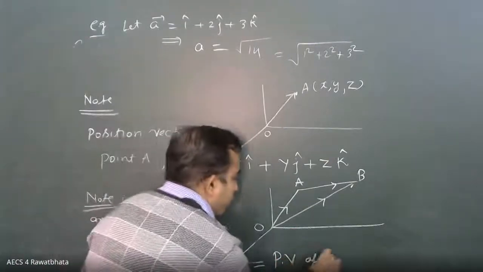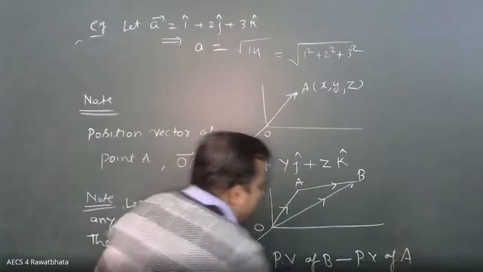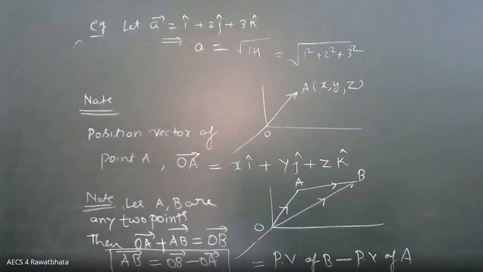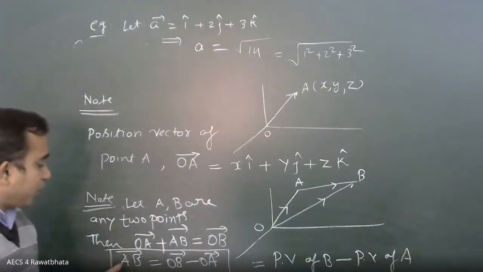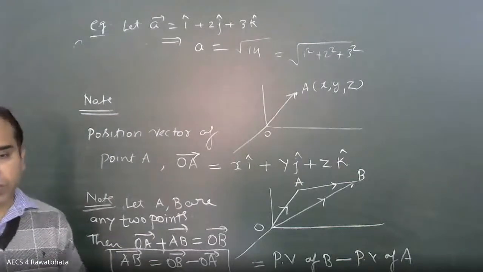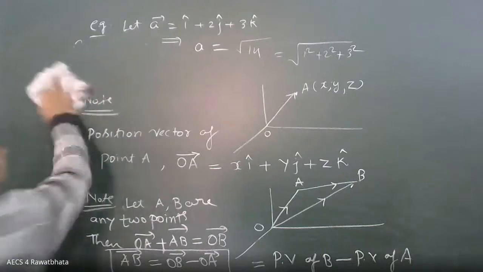So suppose 2 points are there and their position vectors are given, then the vector joining them you can find out. Now let us learn.